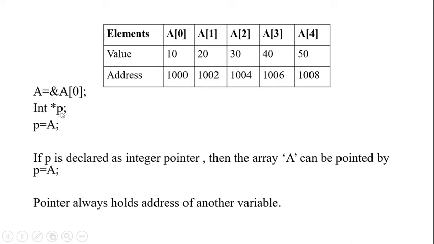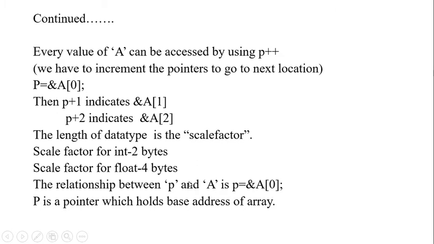Next, int star p. That means p is an integer pointer. Then p is equal to a means we are assigning the base address, the starting address, into this pointer variable p. If p is declared as an integer pointer, then the array a can be pointed to by p is equal to a. Pointer always holds the address of another variable, that we already know. Next, every value of a can be accessed by using p++.